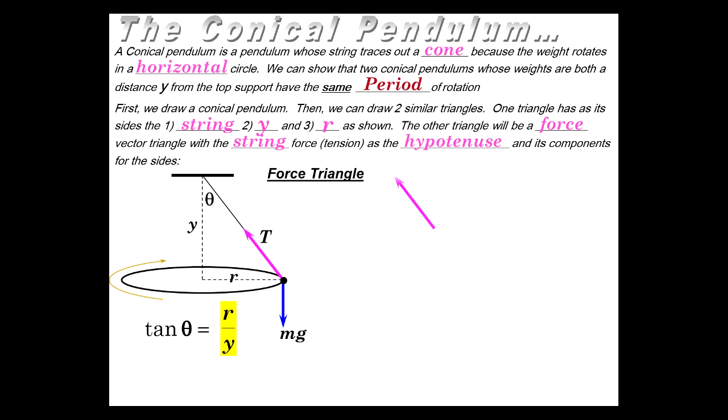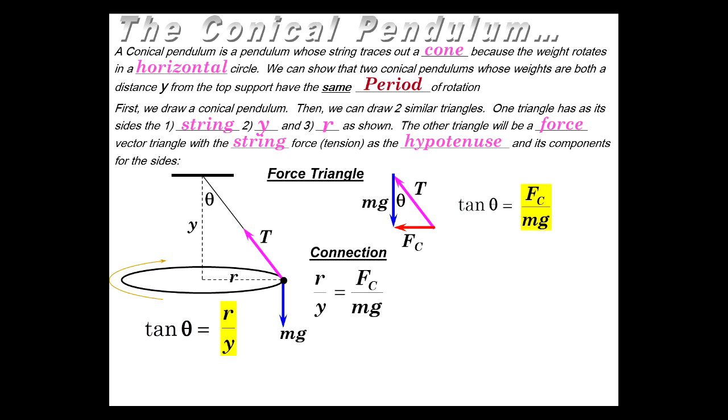In the force triangle, we have tension, and tail to tip, we have mg. The sum of those is centripetal force. And you see the similar triangle there, the tangent of theta, Fc over mg. Now the connection between these two triangles, since they're similar, the tangent of theta is the same. So r over y is Fc over mg.